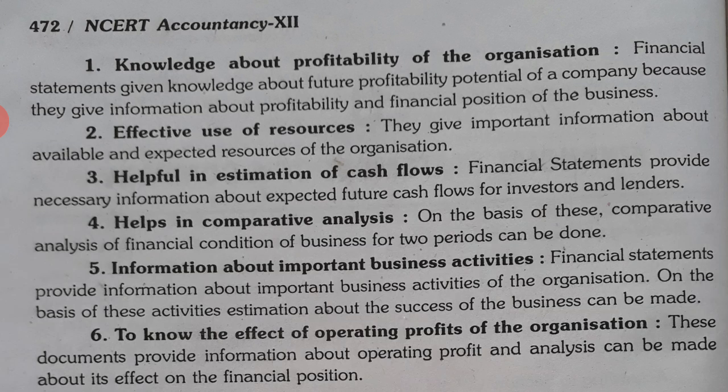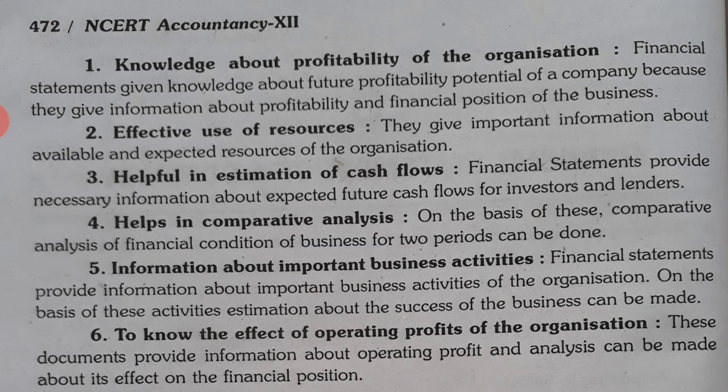Fifth is information about important business activities. What are the important business activities? There are three types: operating, investing, and financing. So three activities are involved with the company.